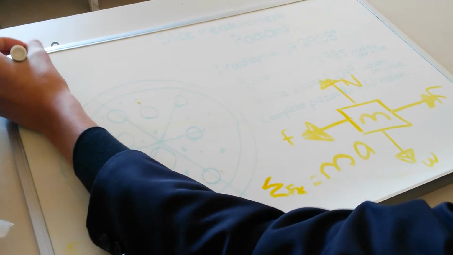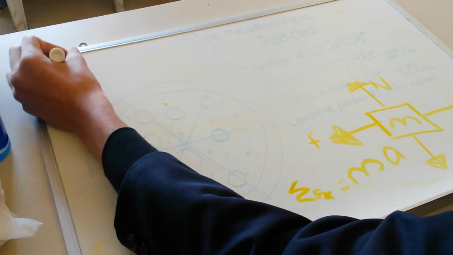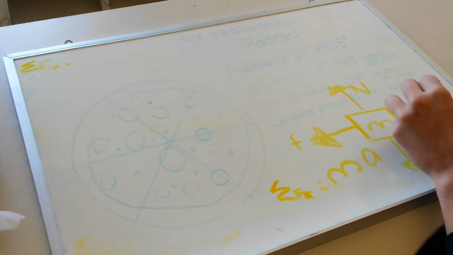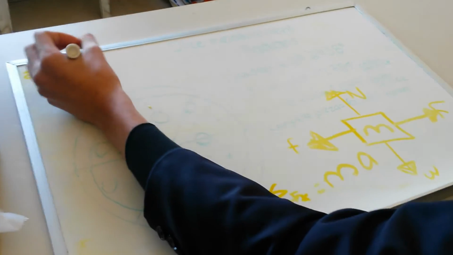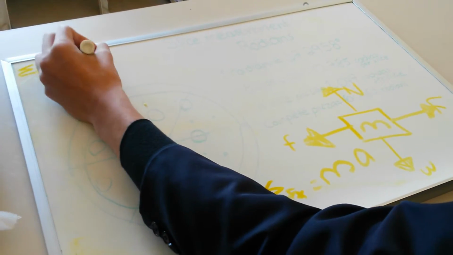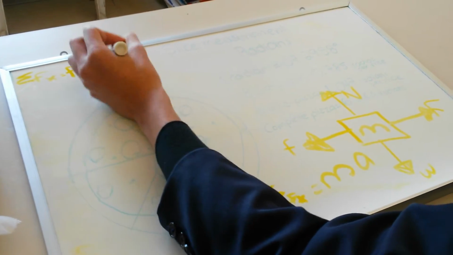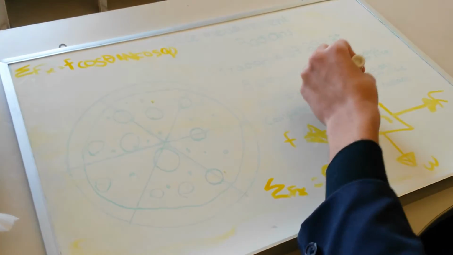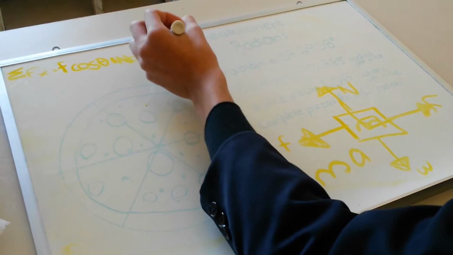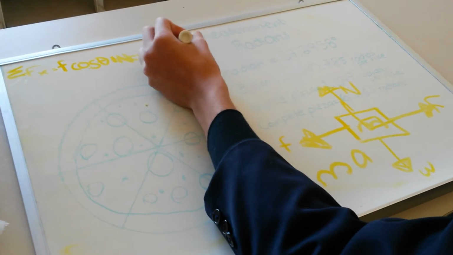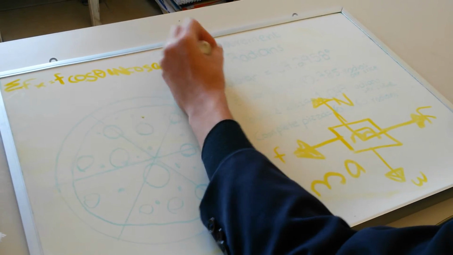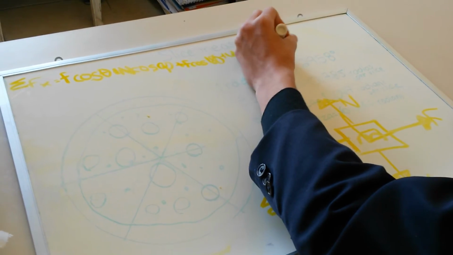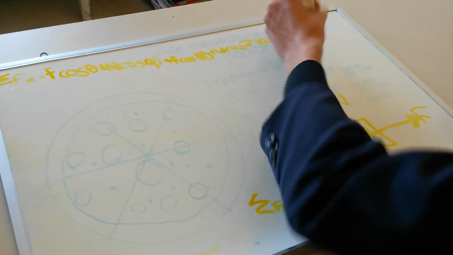So the sum of all the forces in X is equal to the force times the cosine of 0, because I don't have an angle, so I can keep it 0, force times cosine 0, plus the normal force times cosine of 90, because it makes an angle here, 90 degrees, plus friction times cosine of 180, plus weight times cosine of 270, is equal to mass times acceleration.